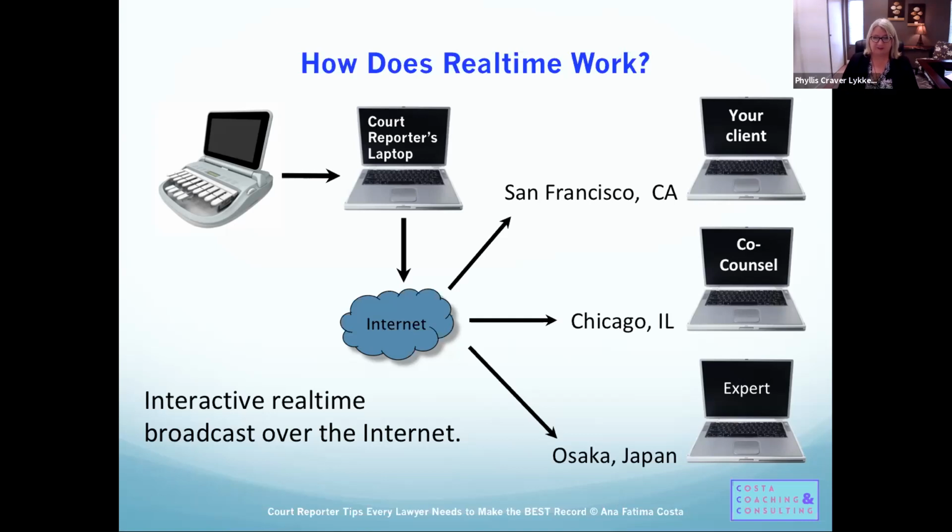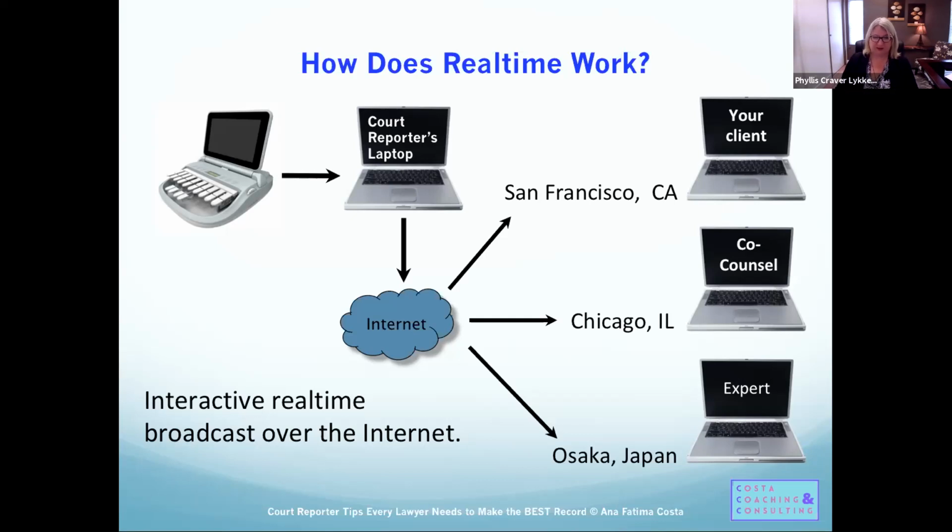It really is almost magical, but there's a lot of technology that goes on between the court reporter hearing it and it going on their stenographic machine, and then to the next place.